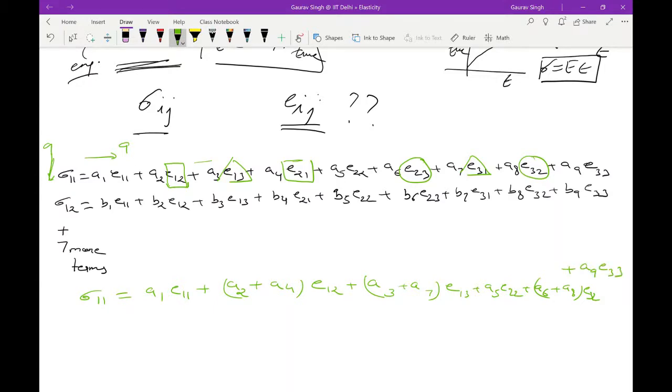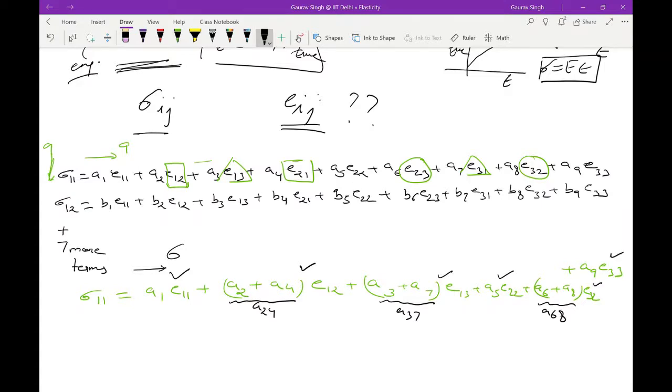You should notice that a2 plus a4 can be written as another constant, say called a24. This can also be written as another constant, and this as well. So you are only left with 6 terms on this side: 1, 2, 3, 4, 5 and 6.